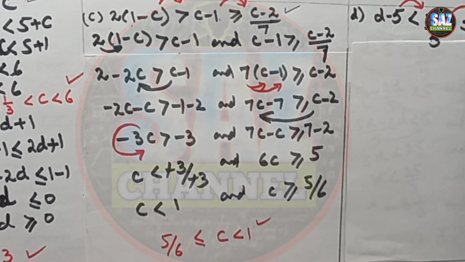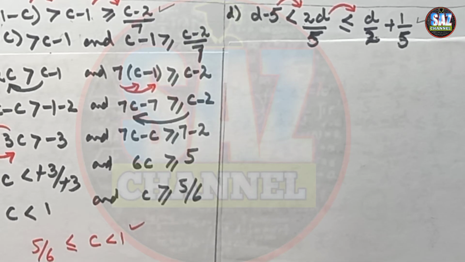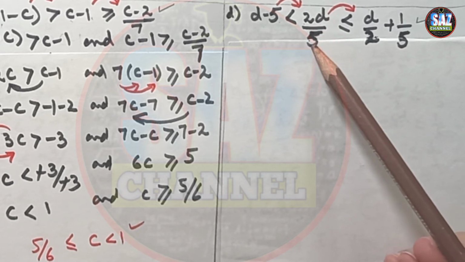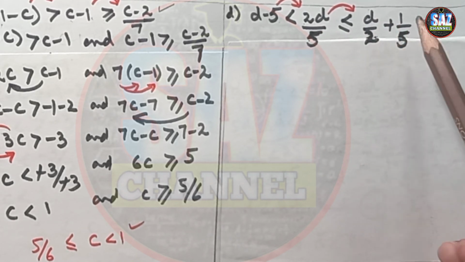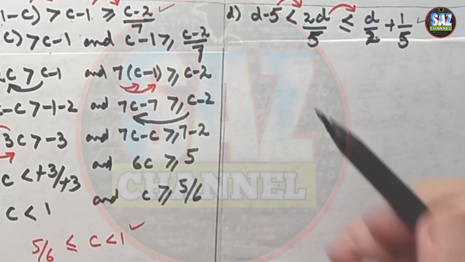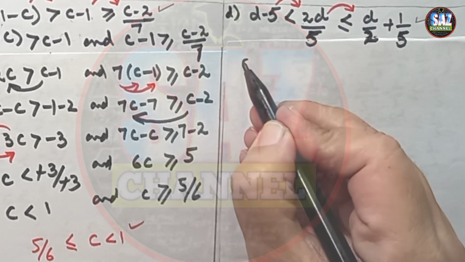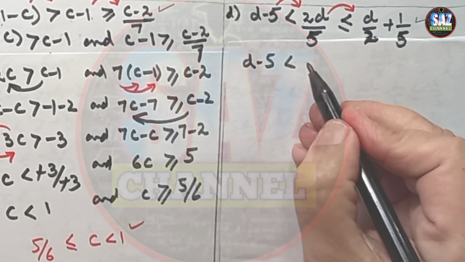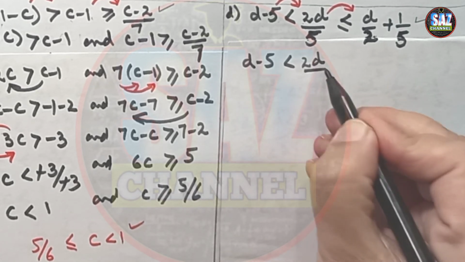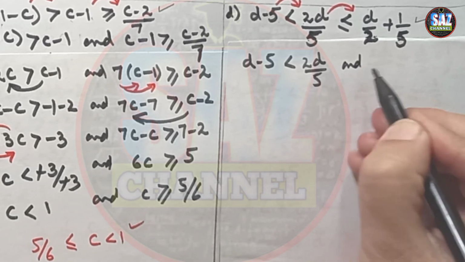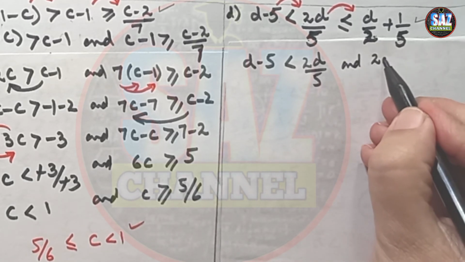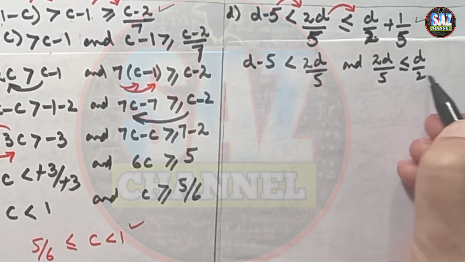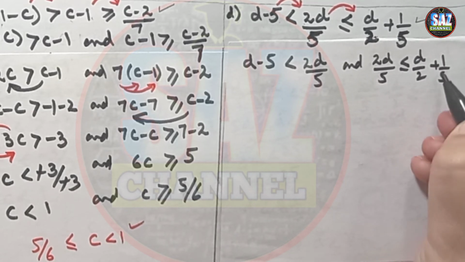Let's move to the D part of the question, and that says d minus 5 is less than 2d upon 5 is less than or equal to d by 2 plus 1 by 5. First of all, decompose the inequality, that is, divide it in two parts: d minus 5 is less than 2d by 5, and 2d by 5 is less than or equal to d by 2 plus 1 by 5.